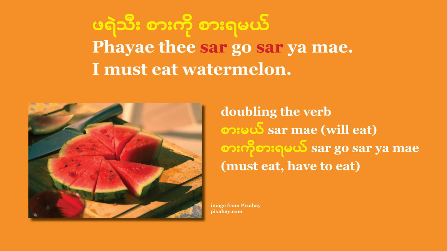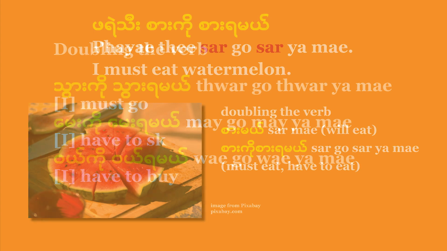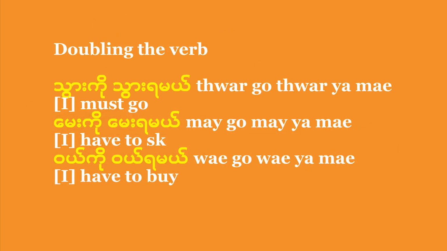It's not used in English. It's used for instances where you want to emphasize this. This has to happen, or else. It's best to treat it as a formula or a set format, then swap out the verbs with the action you want to express. For example, if you have to go somewhere and not going there is not an option, you could say thwago thwayame.